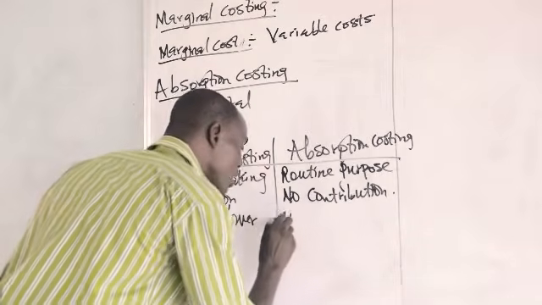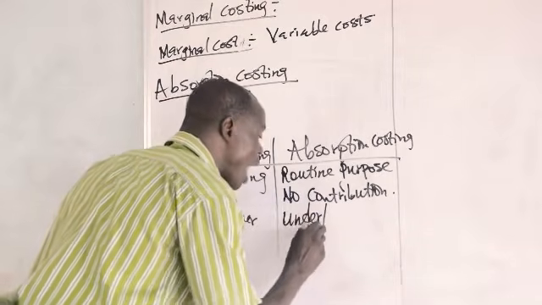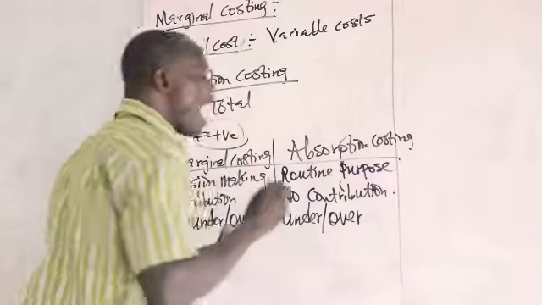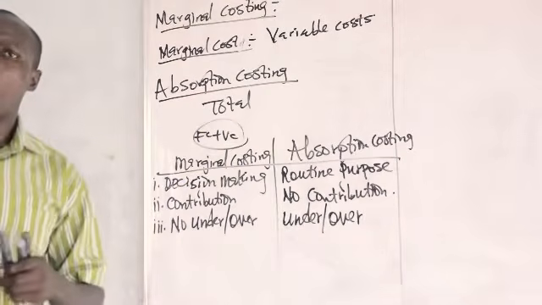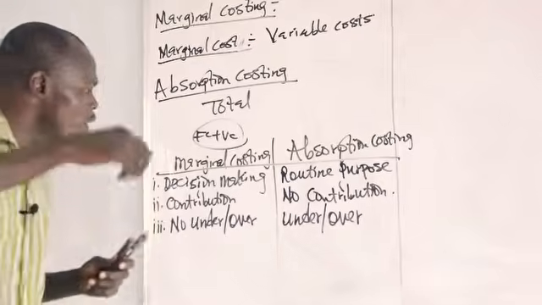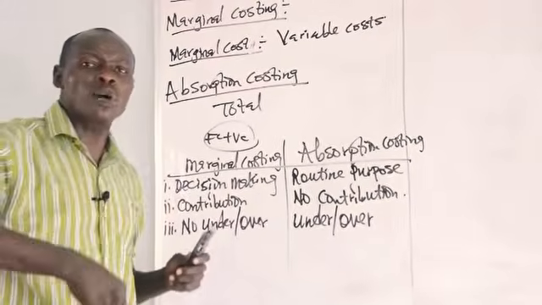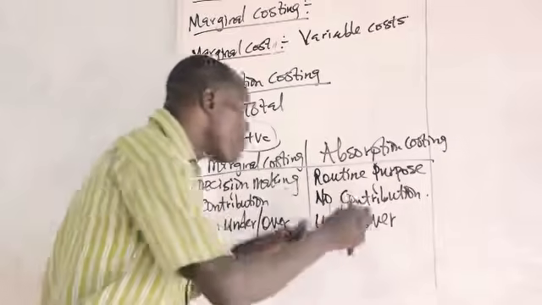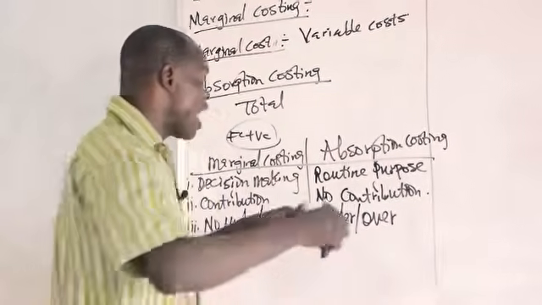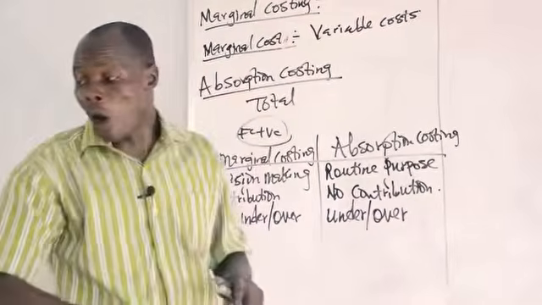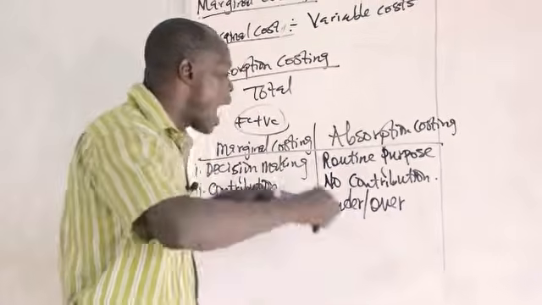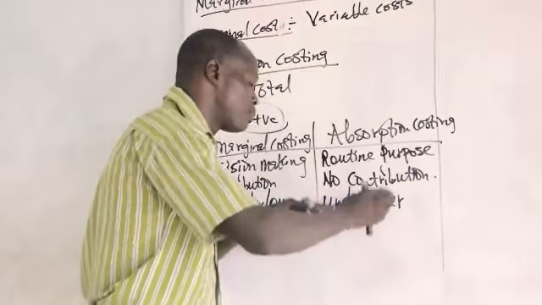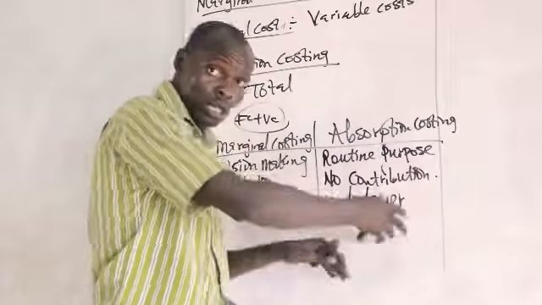But in absorption costing, under or over absorption of fixed production overheads forms part of the operating statement. You must have an under or over absorption of fixed production overheads in absorption costing.